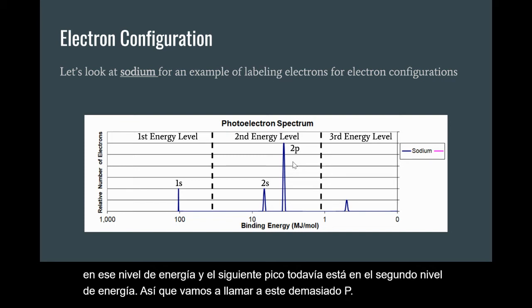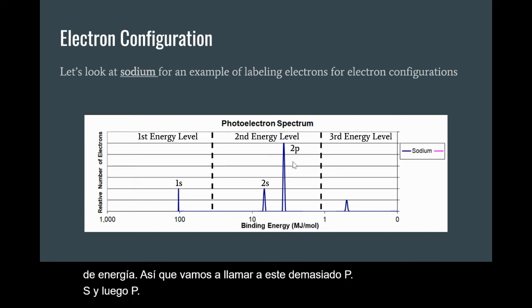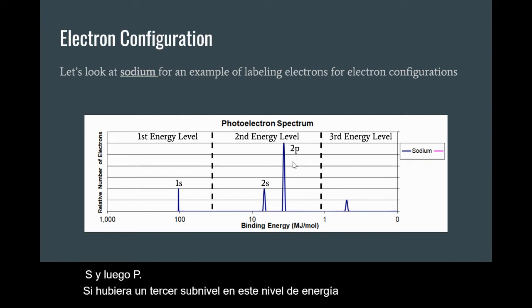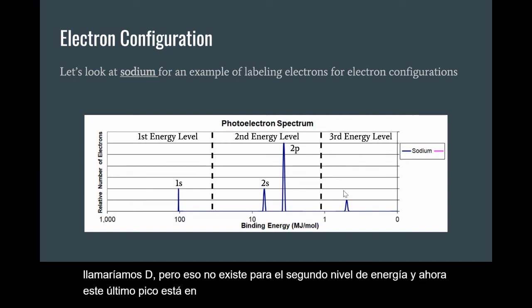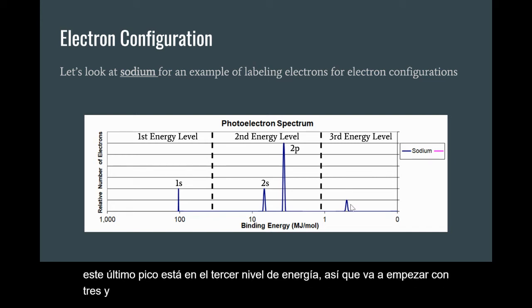S, then P. If there was a third sublevel in this energy level, then we would call it D, but that doesn't exist for the second energy level. And now this last peak is in the third energy level, so it's going to start with 3, and it's the first peak in the third energy level, so we're going to label it 3s.